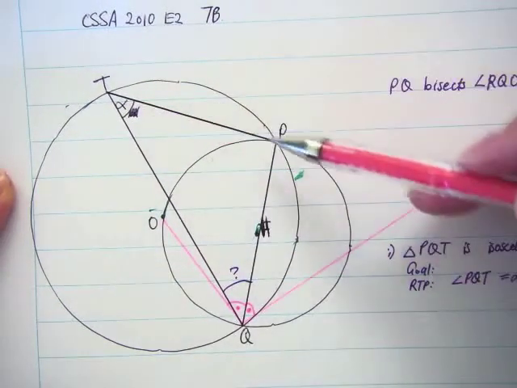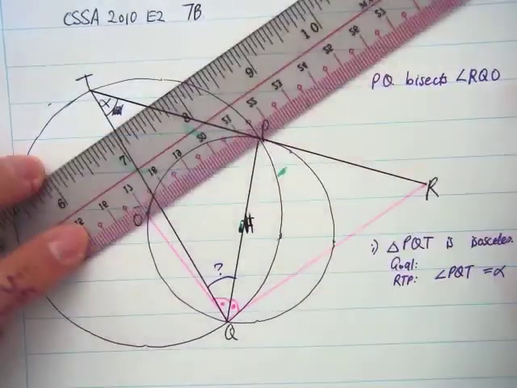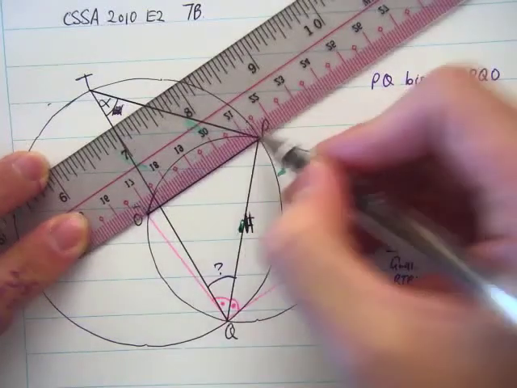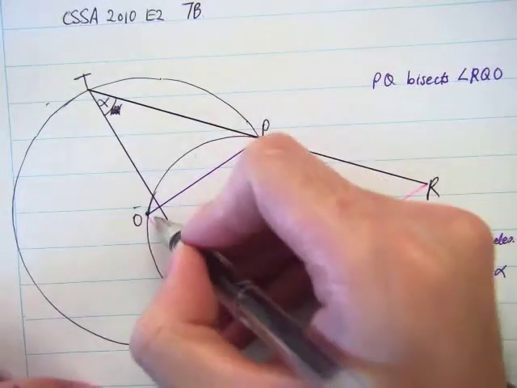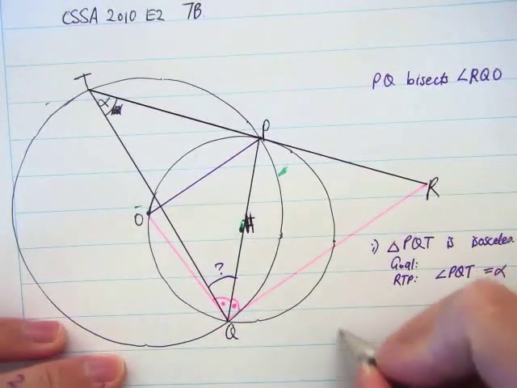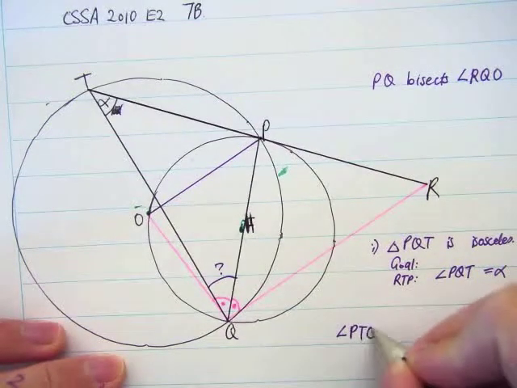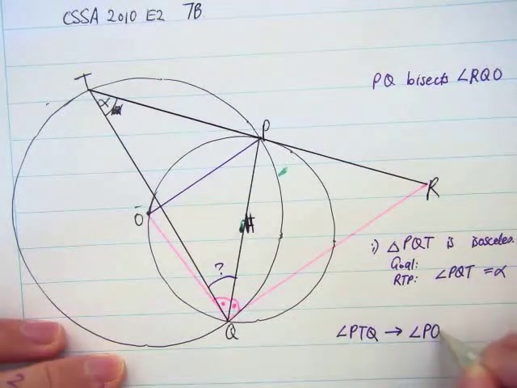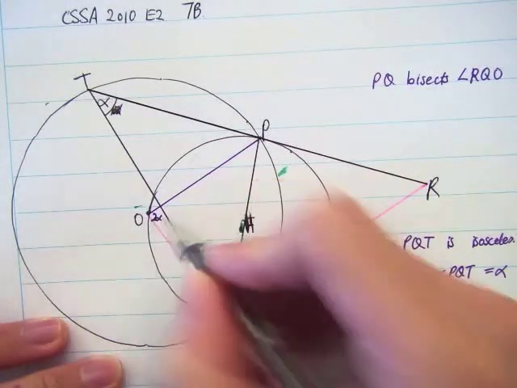Fortunately, this alpha is subtended by PQ, which also subtends this angle at the middle of the circle. It subtends POQ at the middle. So what will actually happen is that you're going from angle PTQ towards angle POQ, and the relationship between those two is that this is 2 alpha.